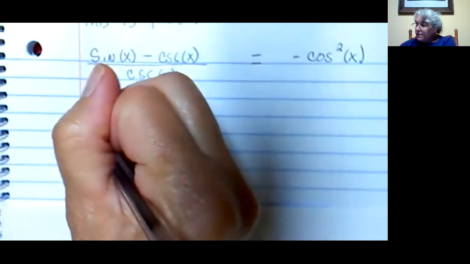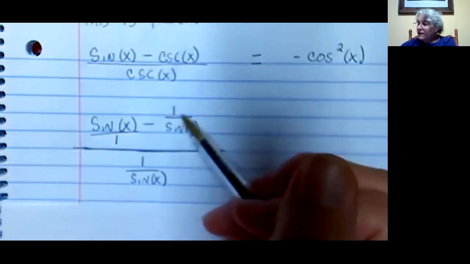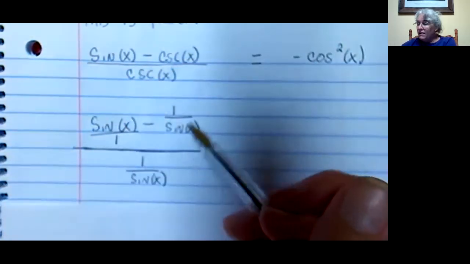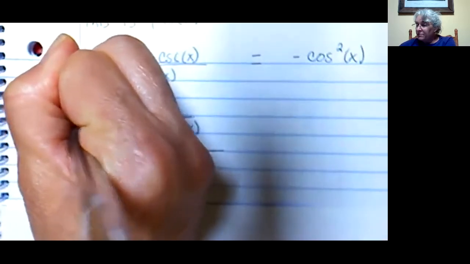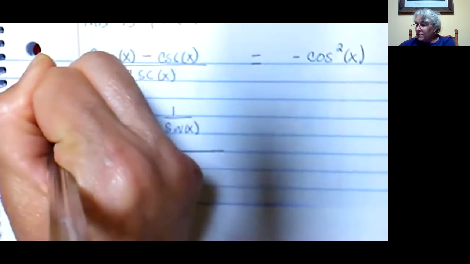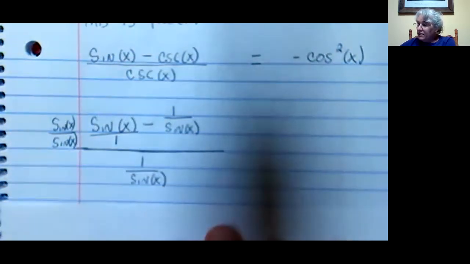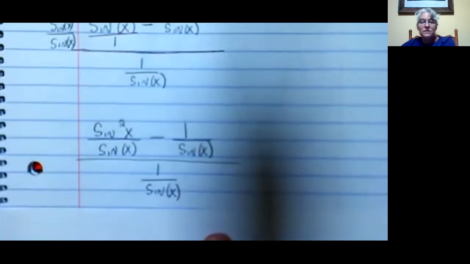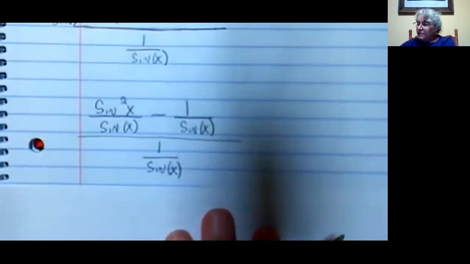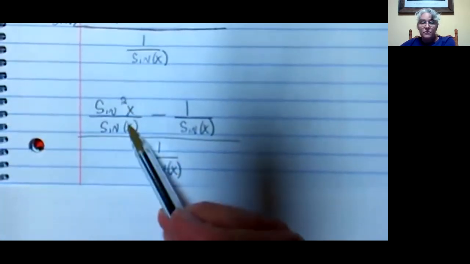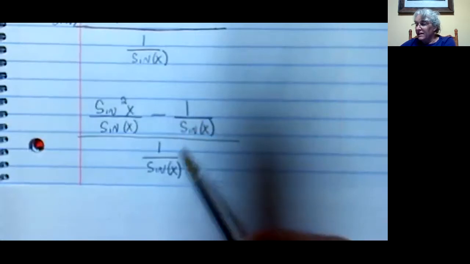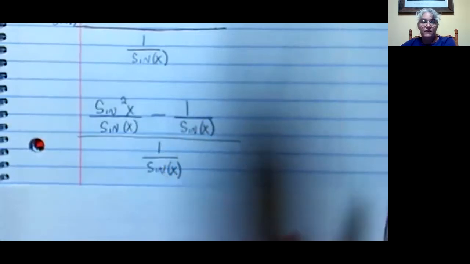But let's go ahead and add our numerator and find our common denominator, which is going to be the sine of x over the sine of x. Okay, so multiply those out, and lo and behold, I get sine squared x over sine minus 1 over sine of x over 1 over sine of x.